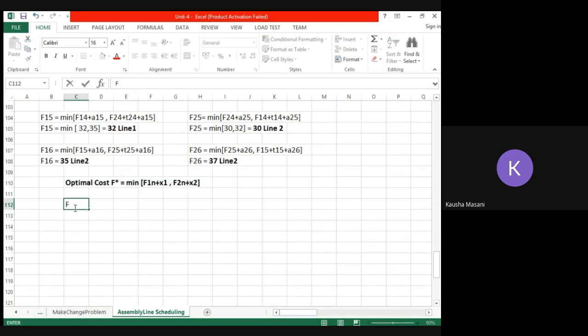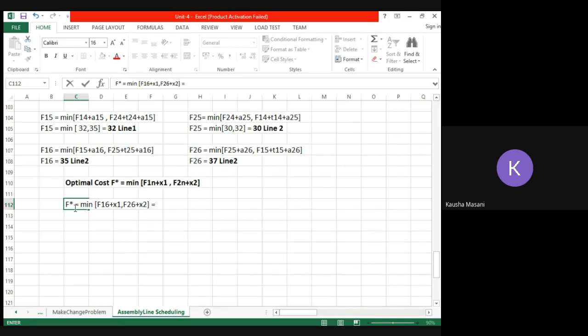So F star is given as the minimum of F16 plus X1, comma, F26 plus X2.